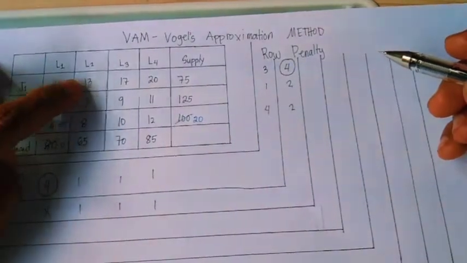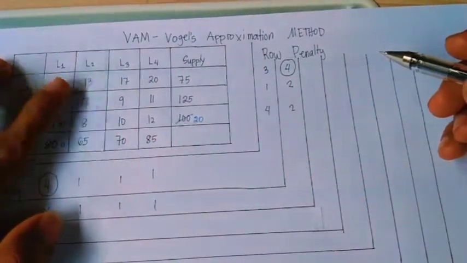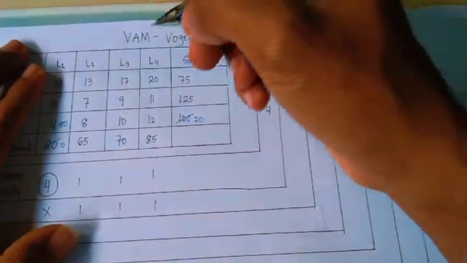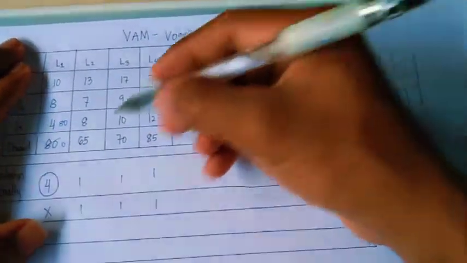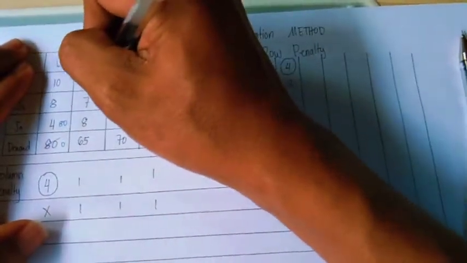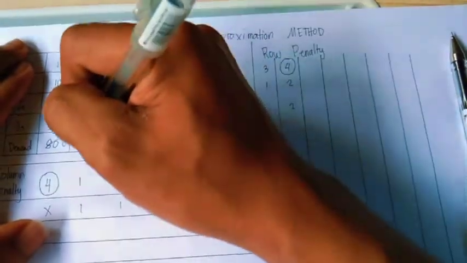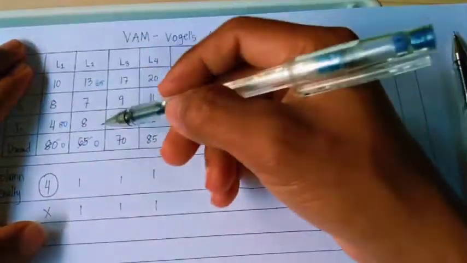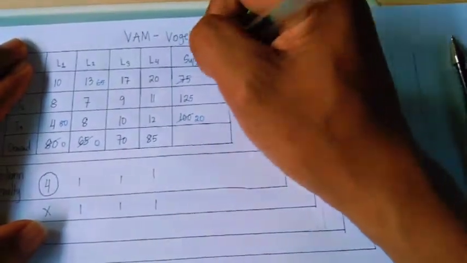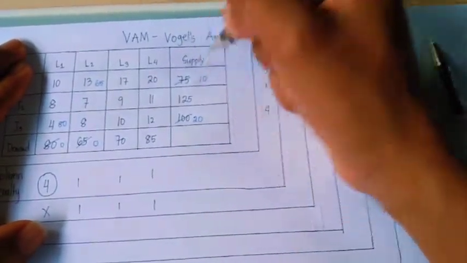Since 13 is the least value in this column, we will start here. To satisfy the supply and the demand, we put 65 here. The demand is now satisfied, and the remaining supply now is 10.